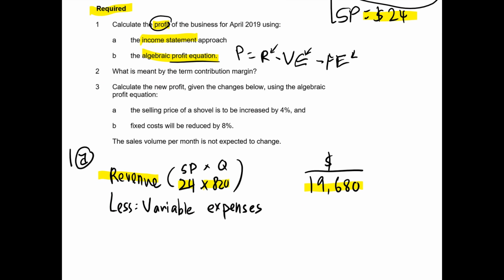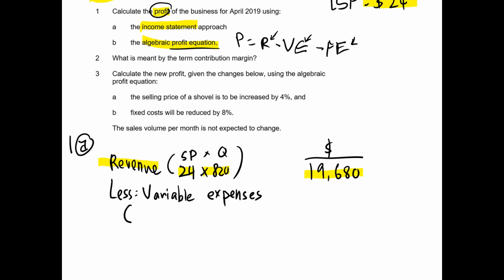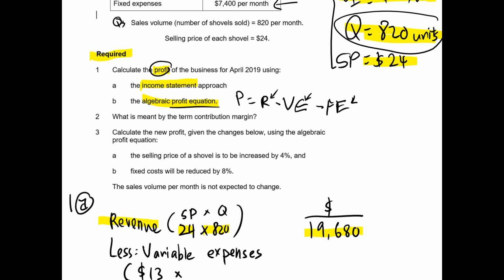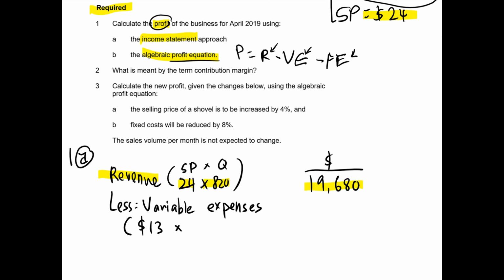So $13, because this $13 is the variable expense for 1 unit, times the quantity, which still remains 820. 13 times 820, you will get 10,660. You are subtracting the variable expenses, so you put a bracket here.